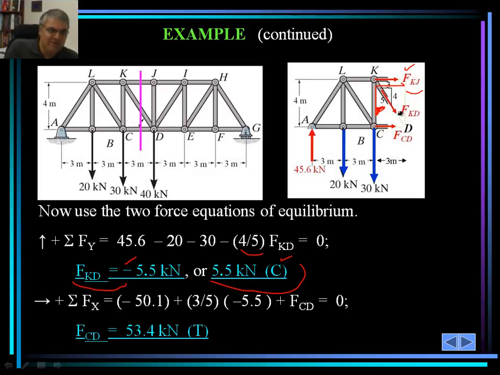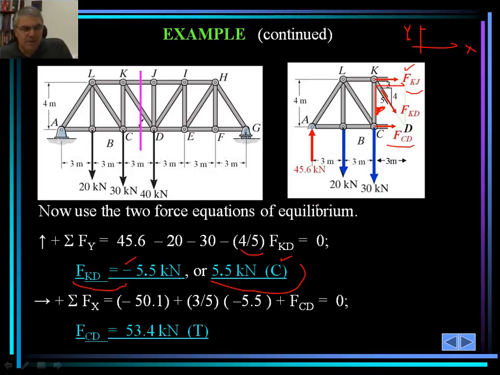So knowing F sub kg and F sub kd is going to make it a whole lot easier to calculate our last unknown, which is F sub cd, by simply taking the summation of forces in the x direction. And remember, this is the x direction and this is the y direction. This is the customary x and y Cartesian coordinate system that I've been using throughout our course.